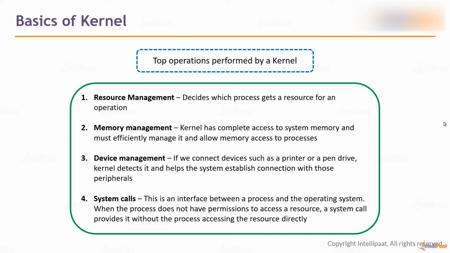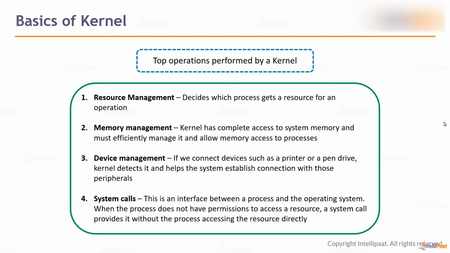The kernel has complete access to the system memory and must efficiently manage it and allow memory access to processes. Why do you need memory exactly? Memory is not for storing content. Memory is to run processes efficiently and effectively. So the kernel should know how much memory should be allocated to each process so that your system is not completely taken away of free memory.